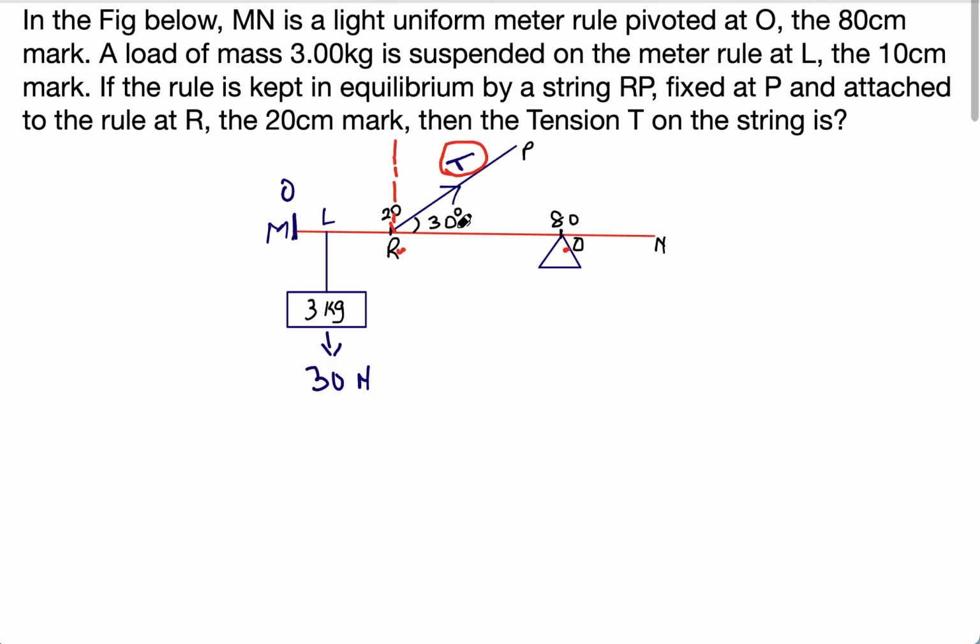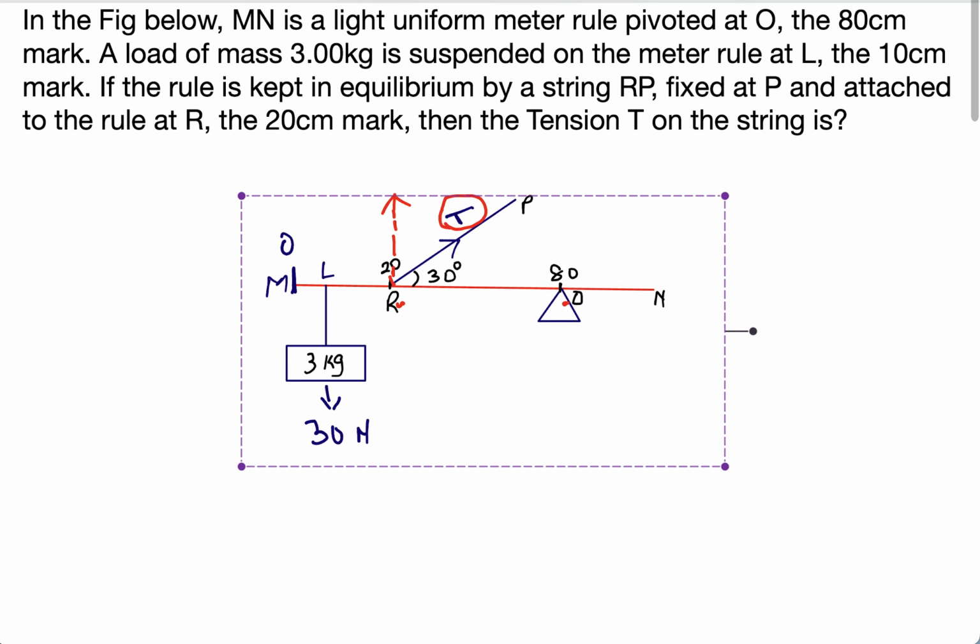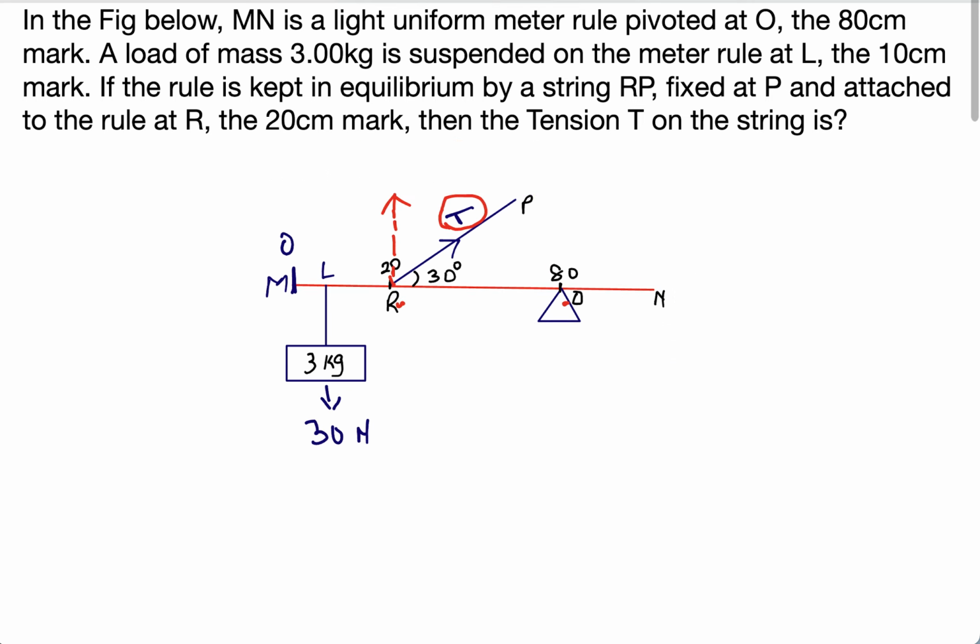Tension is a vector, so you multiply its magnitude by the sine of this angle. So let me create more room so that I can write what that is. That component is going to be T sine 30 degrees.